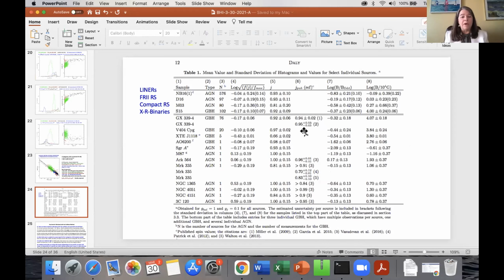And for those 30 sources, we will be able to compare with simultaneous X-ray and radio data the spins obtained with this method. I have to look more at the stellar mass black holes. To tell you the truth, that's not something I've worked on in the past, so I have to read up on that a bit.